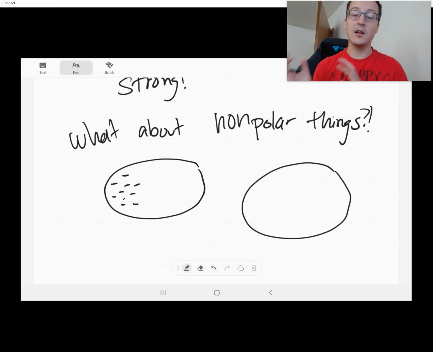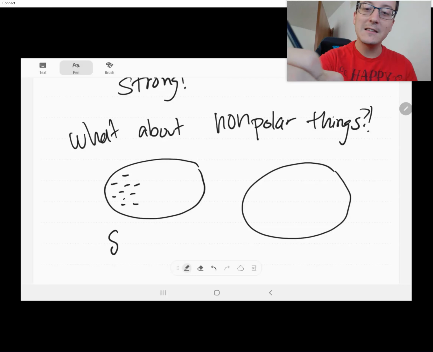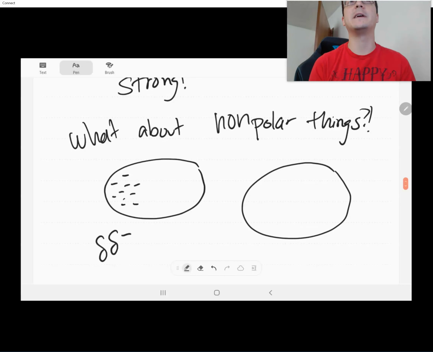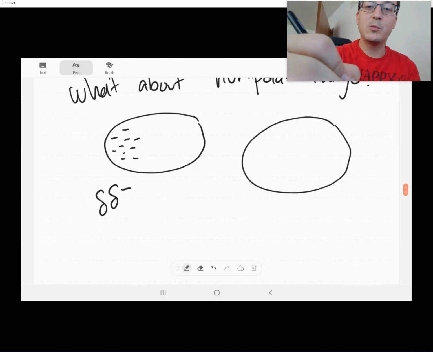And since electrons are negatively charged, that makes this side of the molecule just a little bit negative, just because a lot of electrons happen to be on that side.